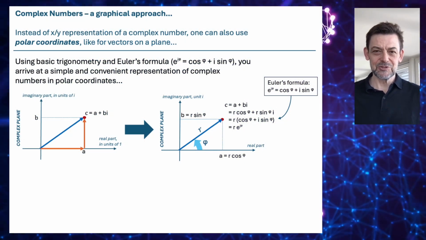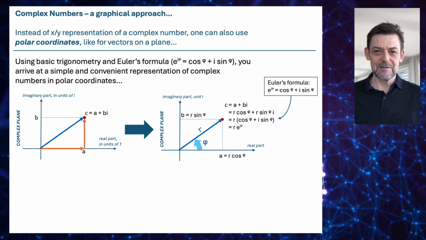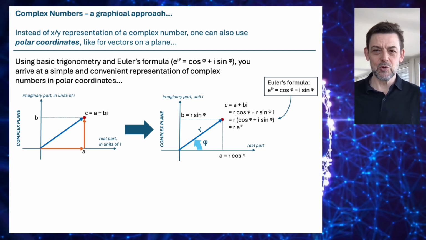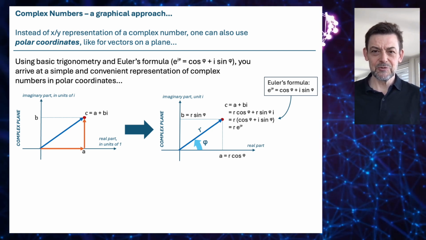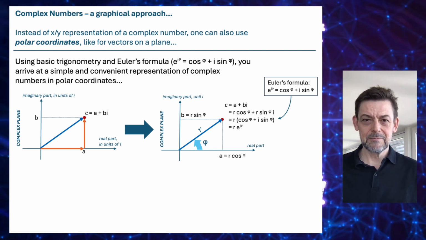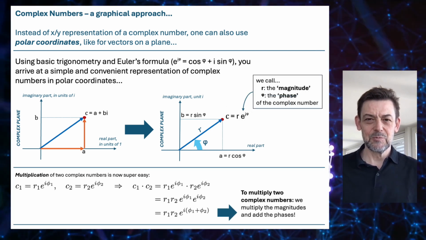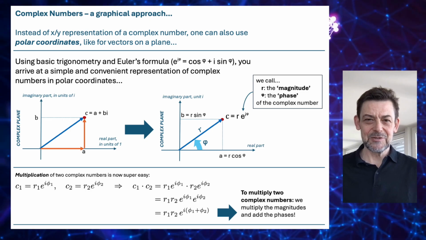The complex number c is r times cosine phi plus i times sin phi, which simplifies via Euler's formula to e to the i times phi. In polar coordinates, multiplying two complex numbers involves multiplying their magnitudes and adding their phases.